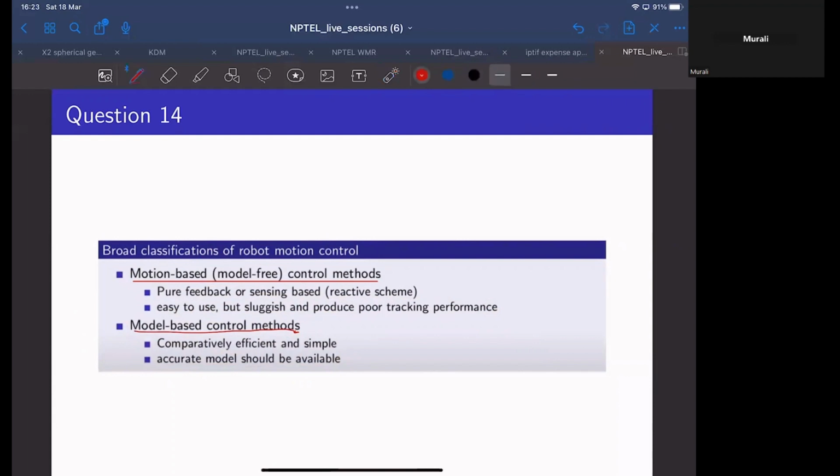See, one example is we have already seen this tau would be B of zeta, that is zeta double dot plus N of zeta. If the initial condition of zeta desired at time t equal to 0 is not matching zeta actual at time t equal to 0, from the beginning onwards, there will be some drift error actually.